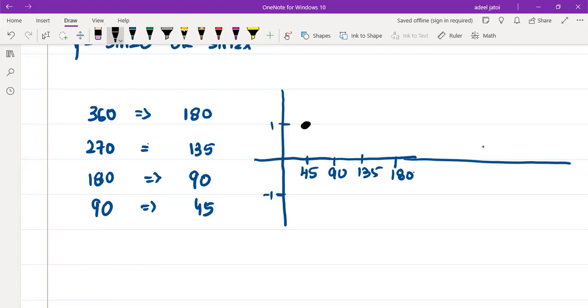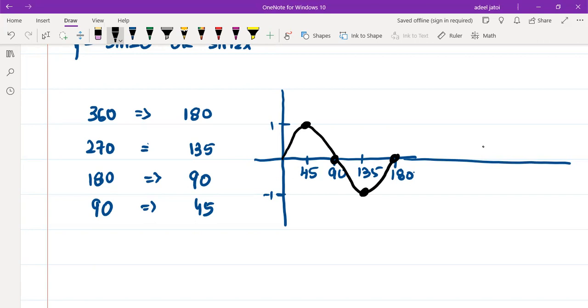You converted this 90 from 180, and 180 had value 0, so now 90 will have 0. Your 270 had -1, so now 135 will have -1, and 180 will have 0. So this becomes your first cycle.